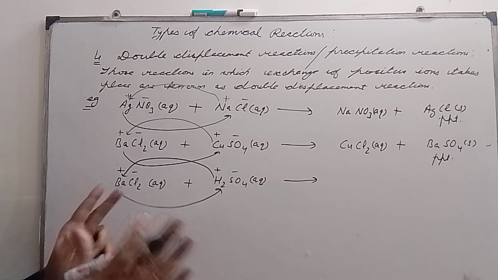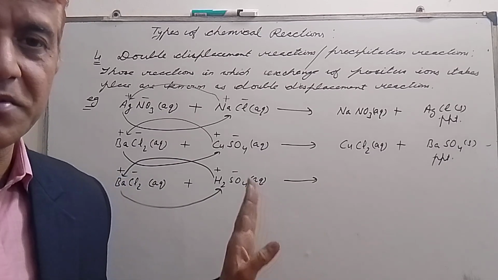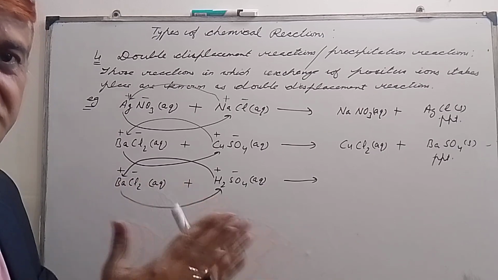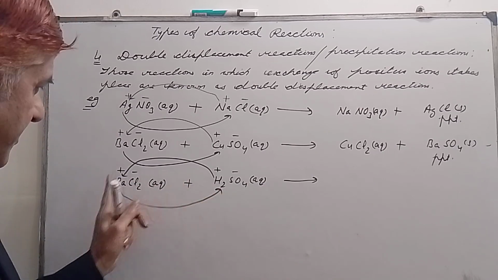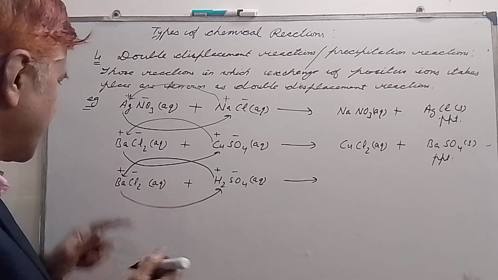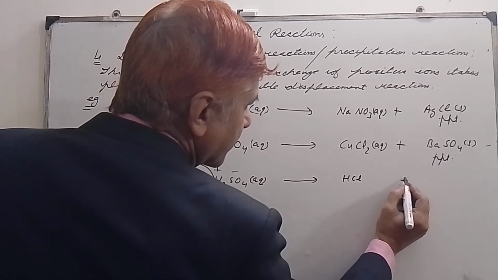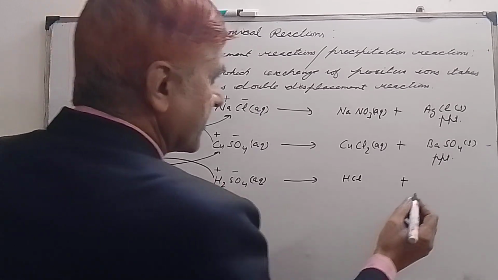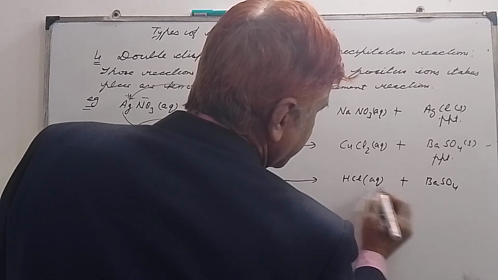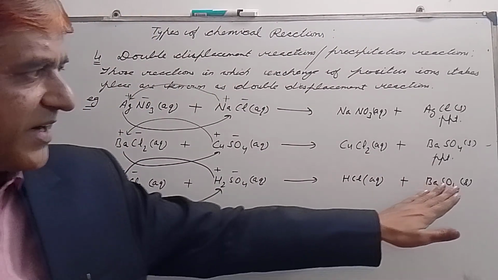Again there is no concept of displacement, that a more reactive metal will displace a less reactive metal. That is not the case here. Simply you exchange the position of positively charged ions. So we will get HCl plus barium sulfate. You can understand which product is the precipitate. So barium sulfate is the precipitate.